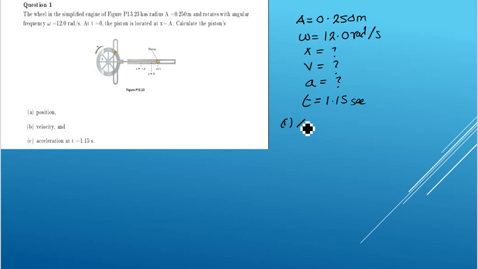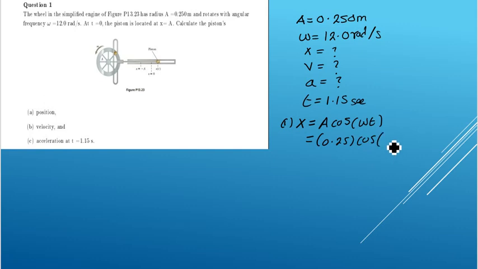Position is equal to the amplitude cosine omega t. Now the amplitude has been given to be 0.25 cosine, what is omega?